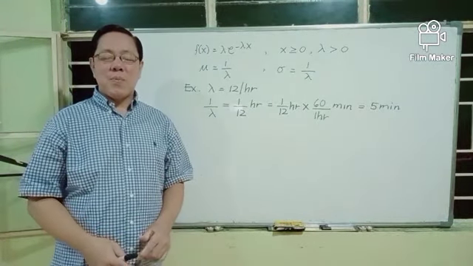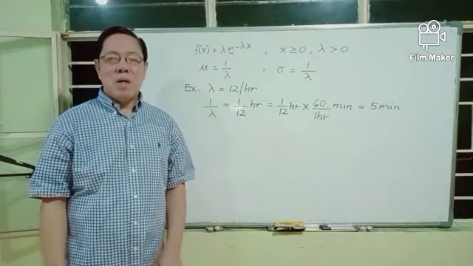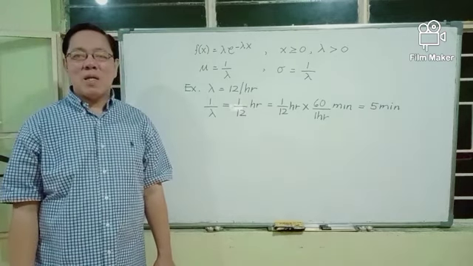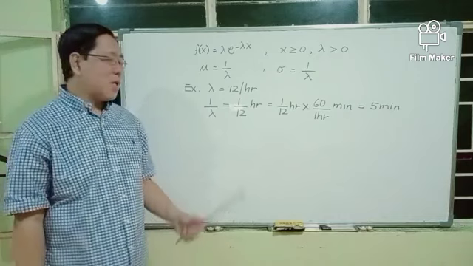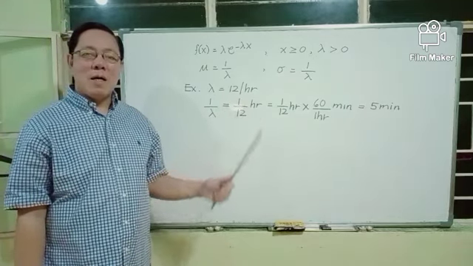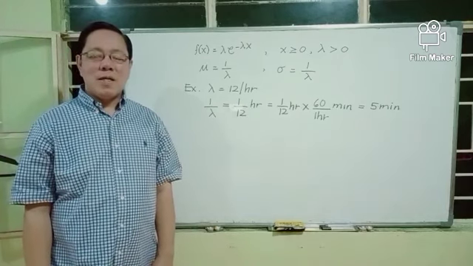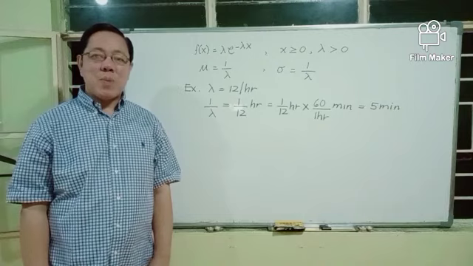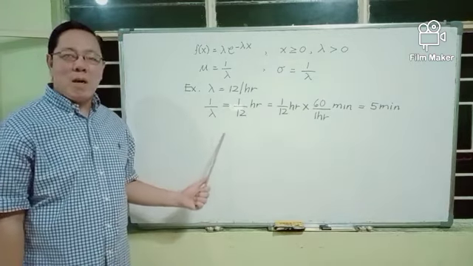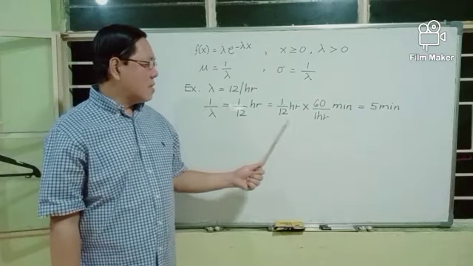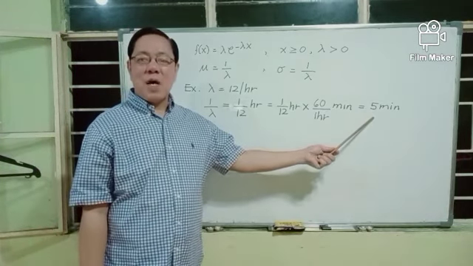Again, suppose in a Poisson probability distribution the number of patients arriving in the emergency room of a hospital is 12 patients per hour. Then the average time between the arrival of two patients is given by 1 over lambda, or 1 over 12 hour, and that's equal to 5 minutes.